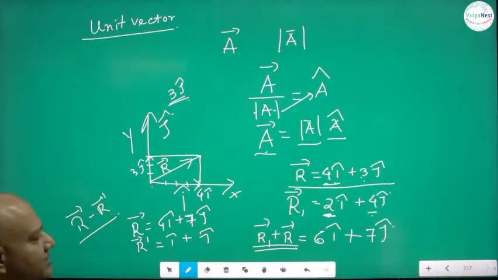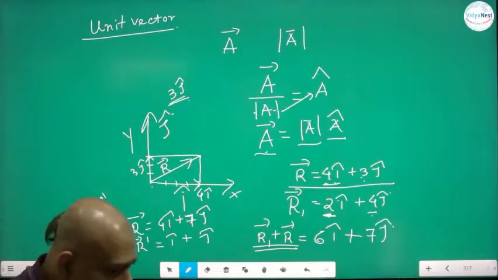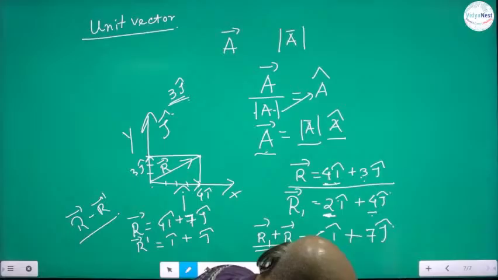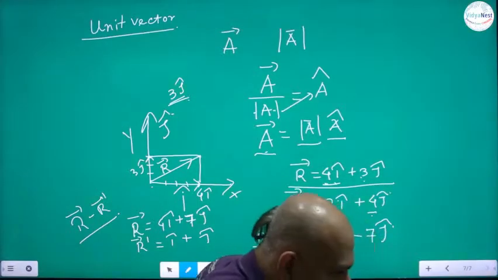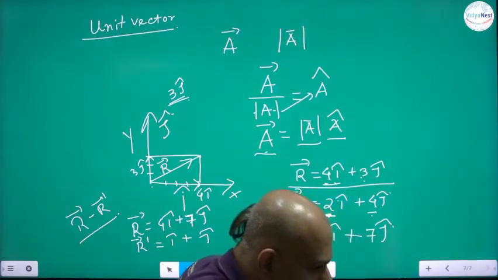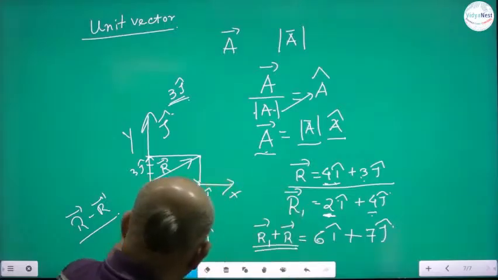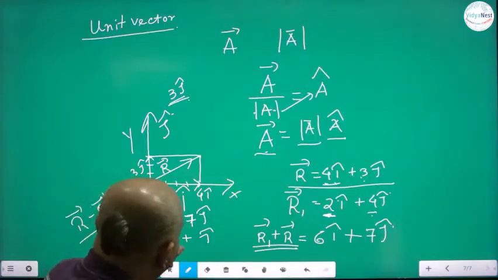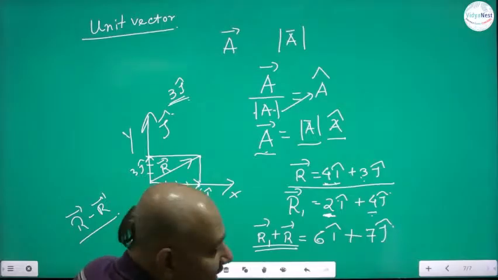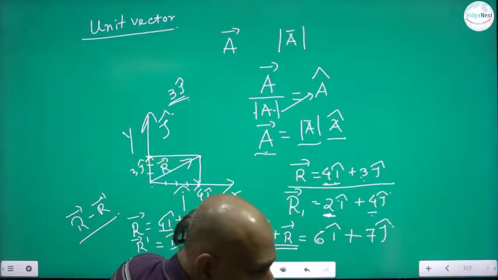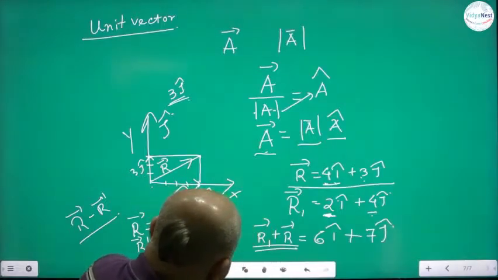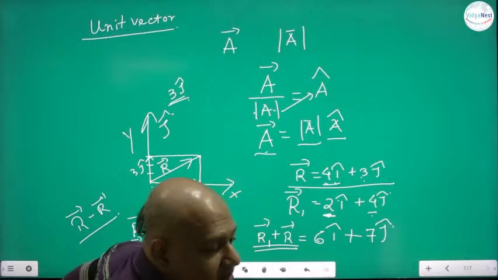What should be the vector subtraction? No, just like see, if I subtract r minus r dashed, the component 4 i cap minus i cap, 3 i cap, and 7 j cap minus j cap, 6 j cap. That's complete.